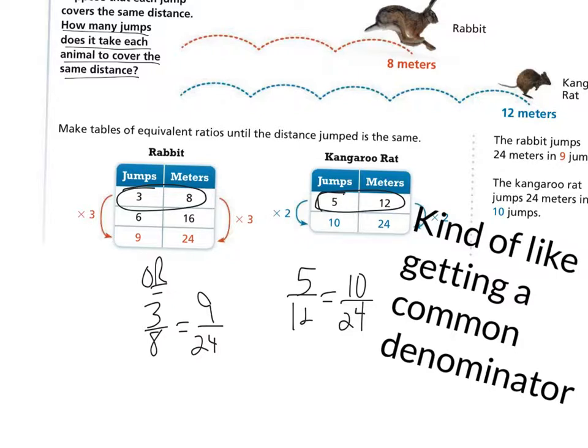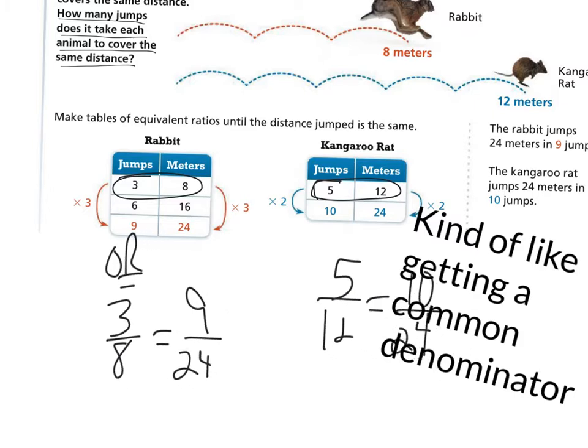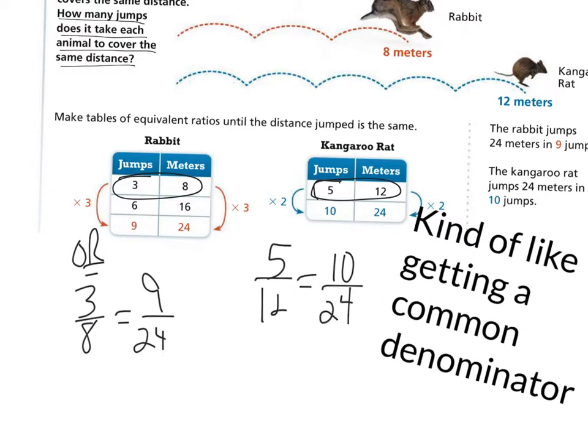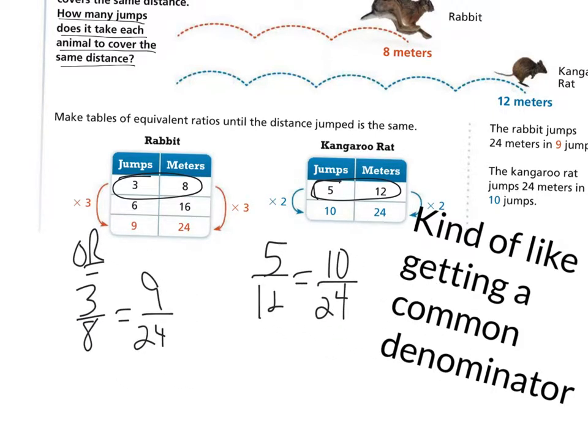And you might say, well, how does that have anything to do with getting a common denominator? Well, we can put the jumps, we can make that be our numerator. We can make the meters or the distance be the denominator. So 3 jumps was 8 meters.